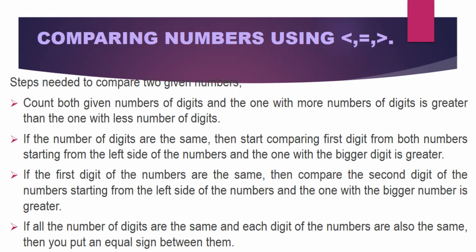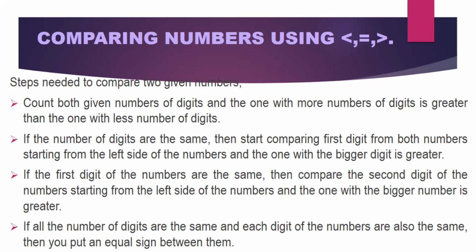Let's assume that we count the number of digits. They have the same number of digits. We check the first digit, and they are equal. Then you check the next digit, which is the second one, and they are also equal. Then you continue checking the next digit until you find a number that is greater.